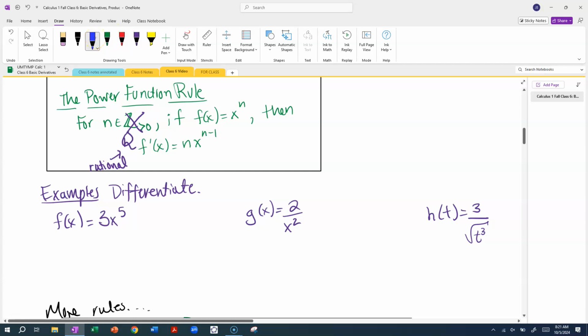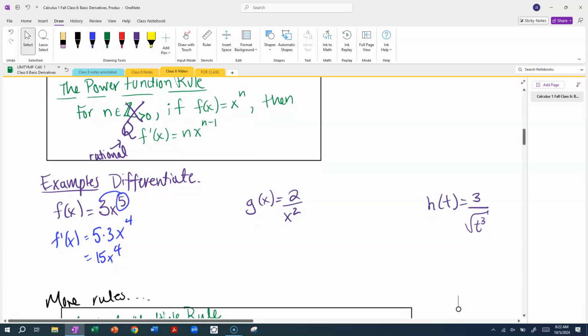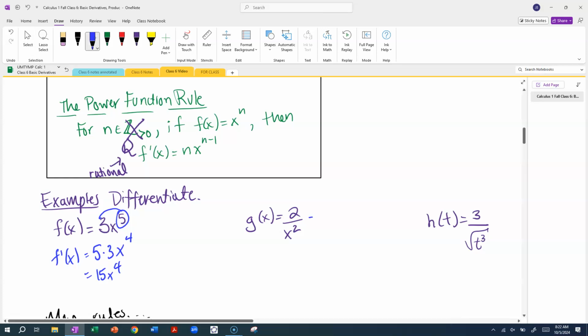So here, to find f prime, this is a variation of a power function, but the 5 would come down in front, so I'd have 5 times 3, x to the 5 minus 1, and some of you could probably just skip to 15x to the 4th, and that would be fine. This next one, not a power function exactly, but again, we could rewrite this a little bit, so it'd be 2x to the minus 2.